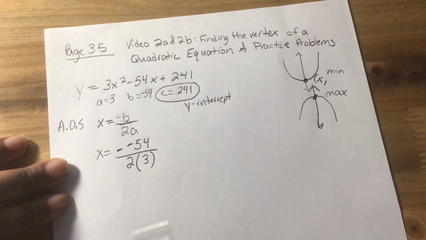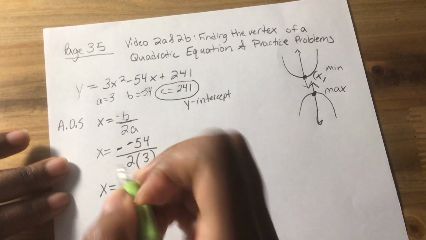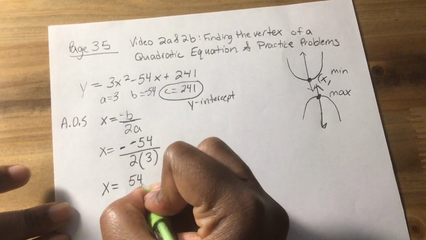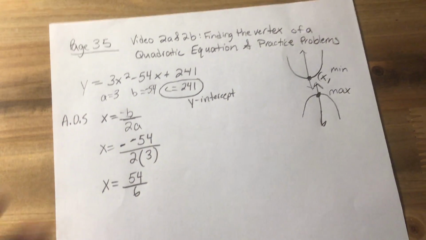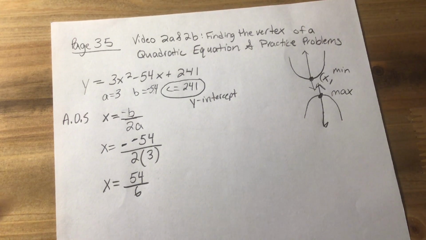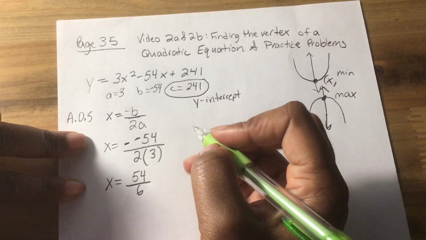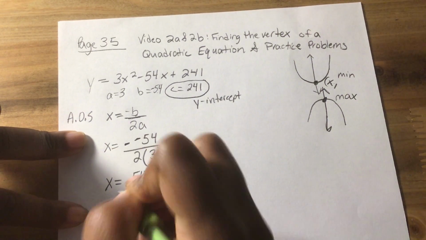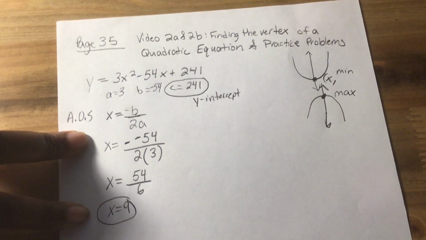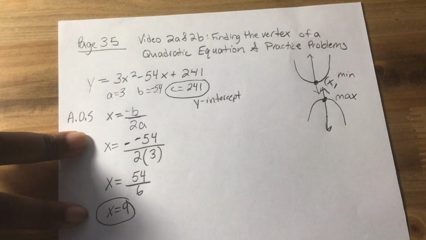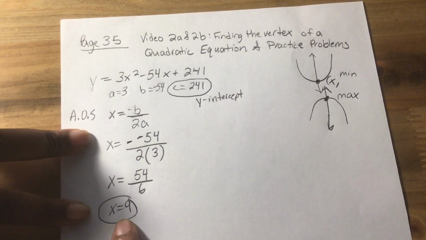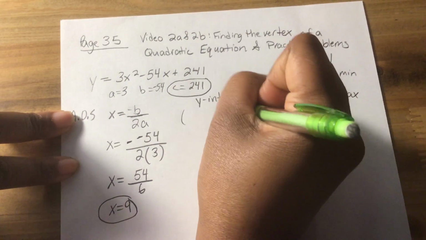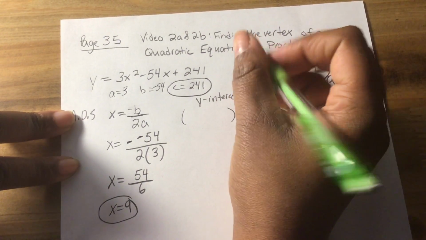So x is equal to positive 54 divided by 6, which gives me an x value of 9. So x is equal to 9. Our axis of symmetry, the line that cuts this parabola in half, is going to go through the x-axis at 9. So now we have the x value of our vertex.